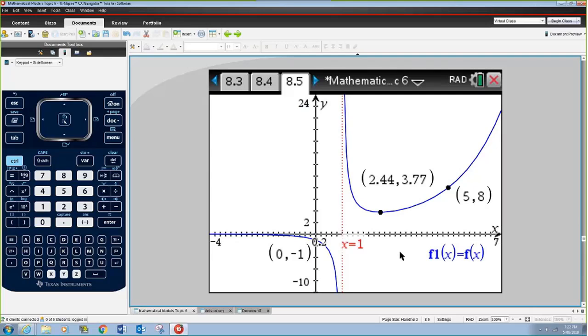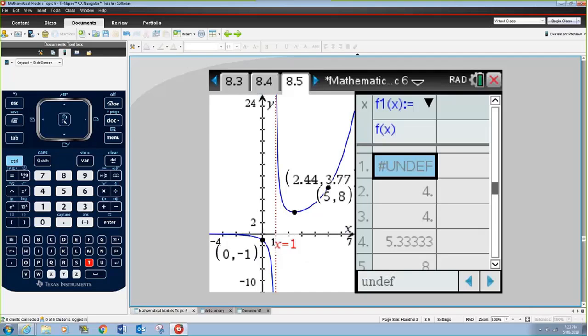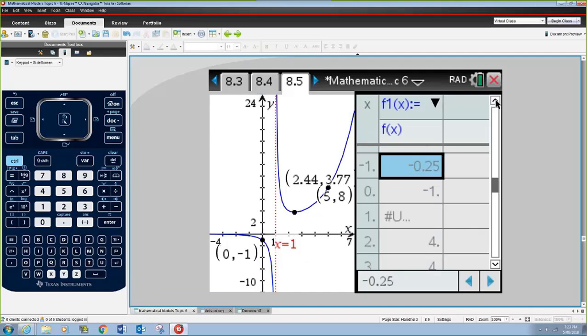The students will not quite see the asymptote, but if we press Control-T, and the students will scroll through the values, so we see that the function has some numbers until we get to x equal 1, and it says undefined. So that's an indication for the students that we have the vertical asymptote when x equals 1.